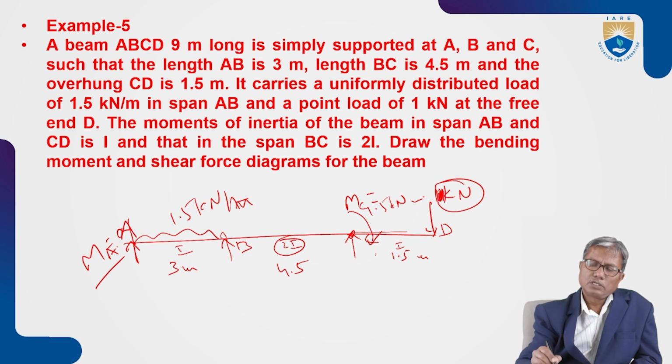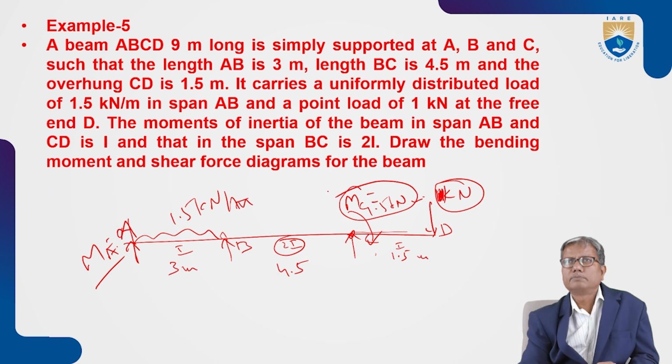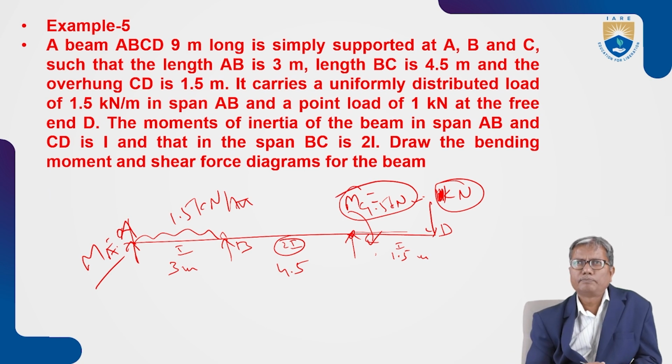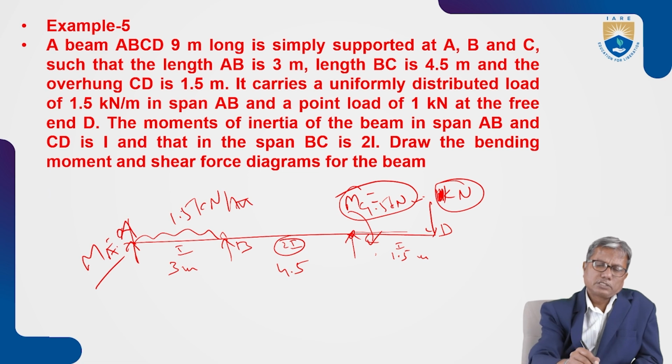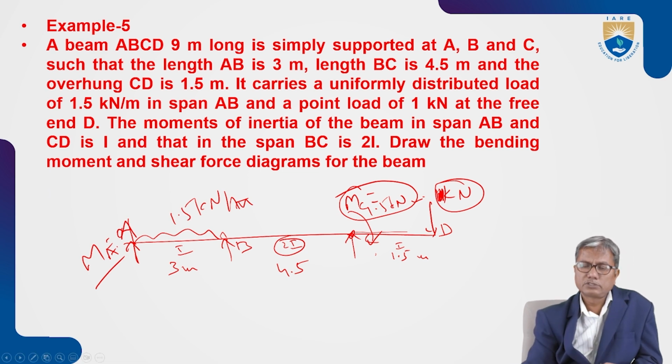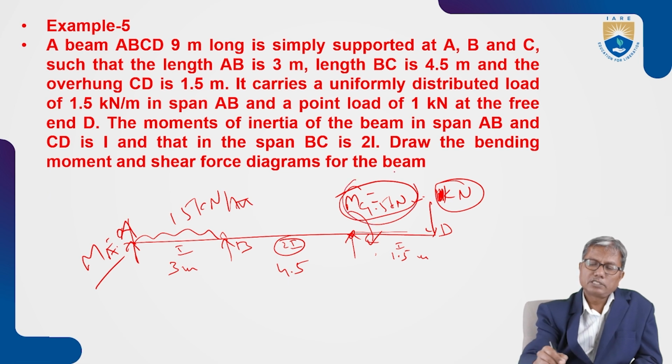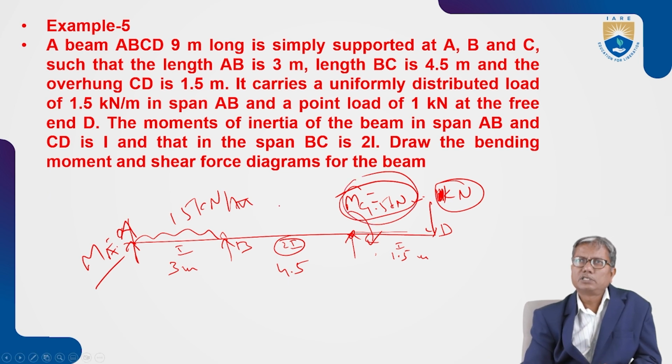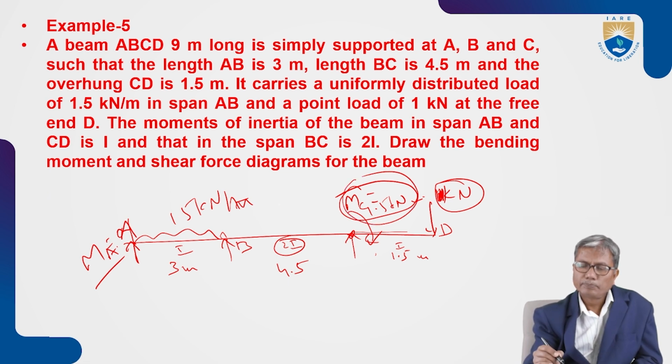Unless the load on CD changes, MC remains same, 1.5 kilonewton meters. Understand? That means if you increase this to 15 kilonewtons, then also the bending moment at C will be 1.5 kilonewton meters. Okay?